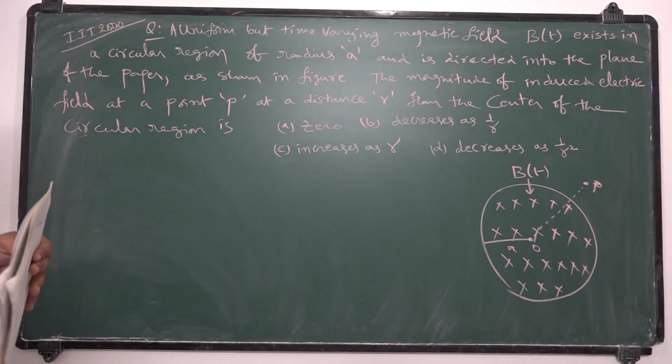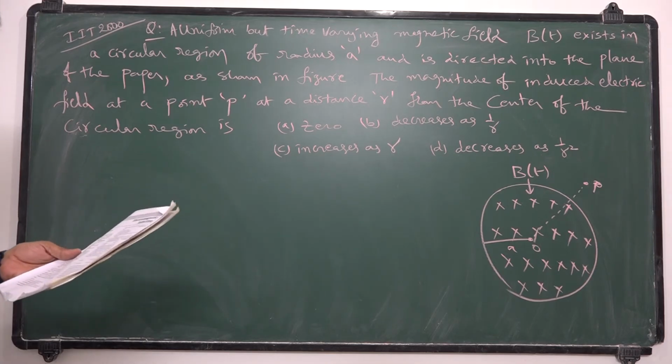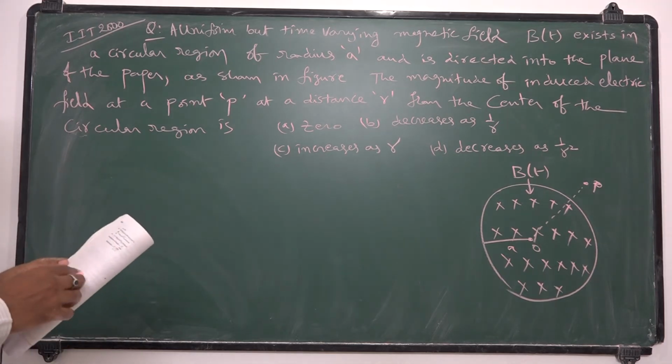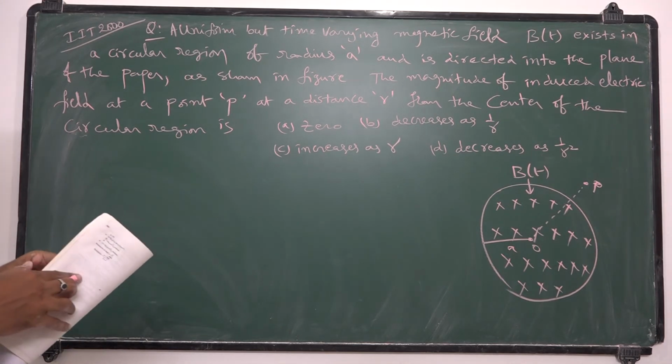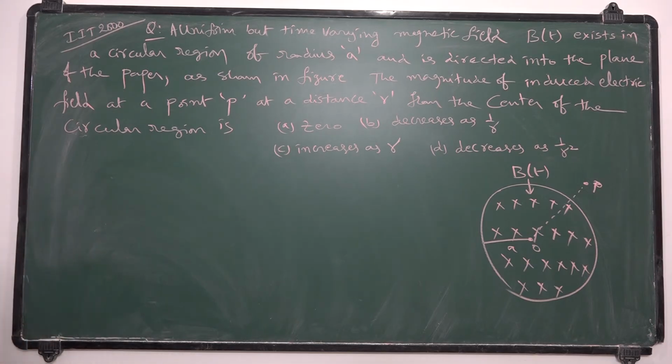So this is the question diagram. This question is based on time varying magnetic field. How to solve this question? Once you try to remember the definition of time varying magnetic field, then this is very, very simple.